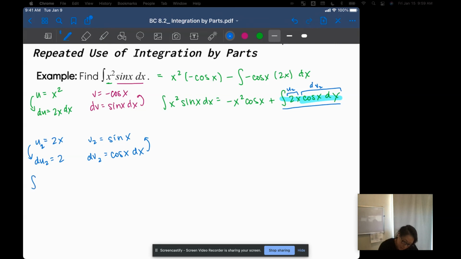So I have the integral of 2x times the cosine of x dx is equal to u times v, so 2x times the sine of x minus the integral of v, the sine of x, oops, forgot my dx, times 2 dx.